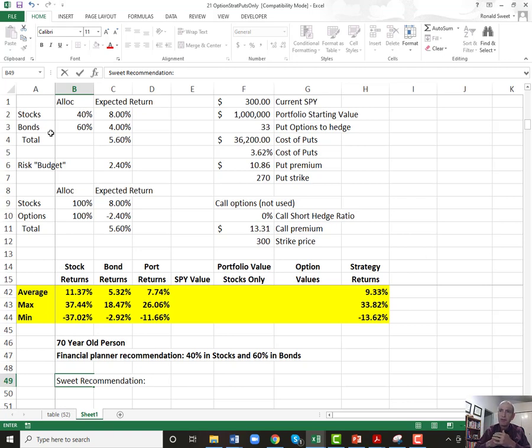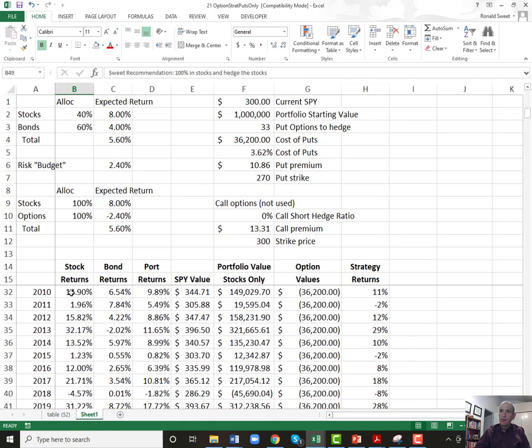This is not part of my pension ALM solution at all. My recommendation is don't do 40% in stocks, do 100% in stocks, and then hedge the stocks. All right. Now, how do you hedge the stocks? Here, I'm going to show you a real simple way. I'm going to do that protective put approach. So let's look at these numbers when we do this.